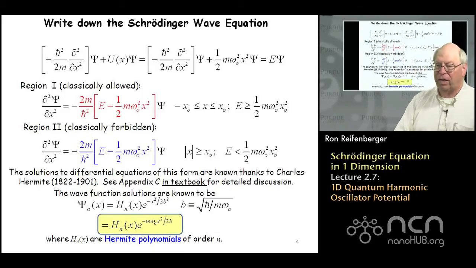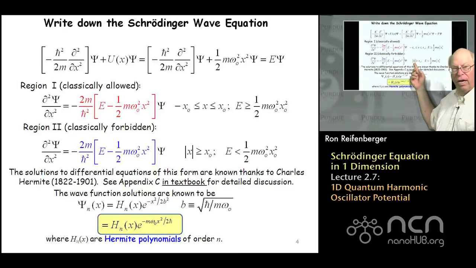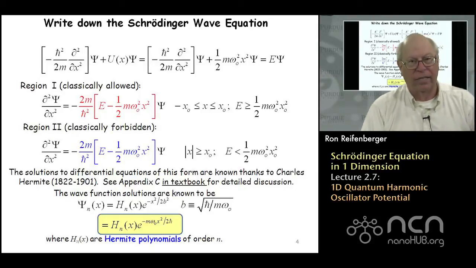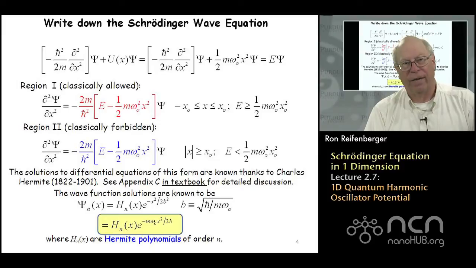And then there's going to be a classically forbidden region, where it's possible quantum mechanically for the particle to go to regions in position x which are greater than the classical turning points that you would expect based on this interaction potential energy.